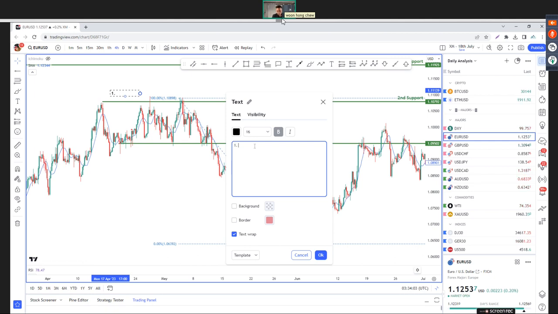So key levels, then simple, coffee candles, engulfing candles. Okay, let's just use this.